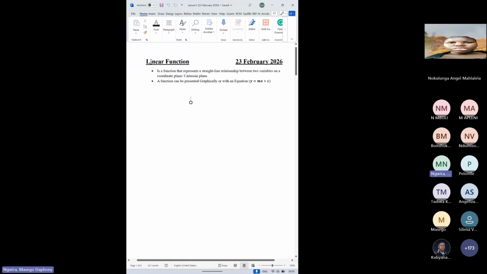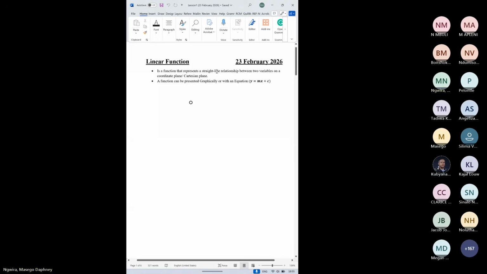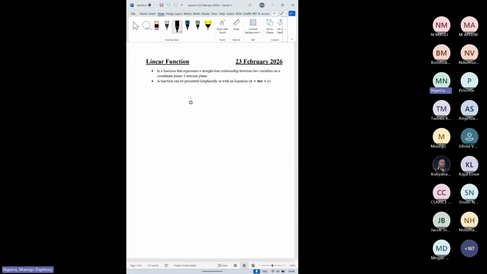So the line here explains the straight line graph. All right. So when you talk about a Cartesian plane, we're talking about a plane with both. Oh, hi, yes, Masako, apologies. May you please zoom in just a little bit?